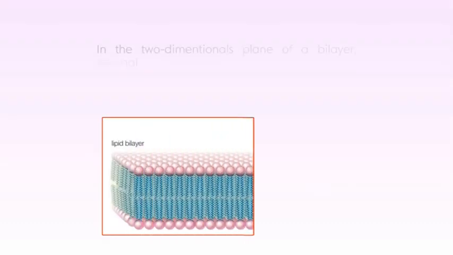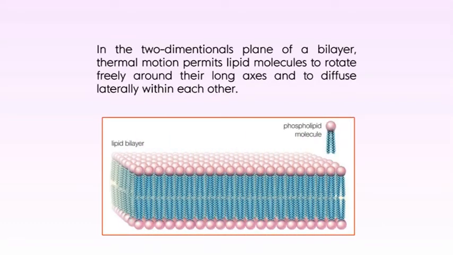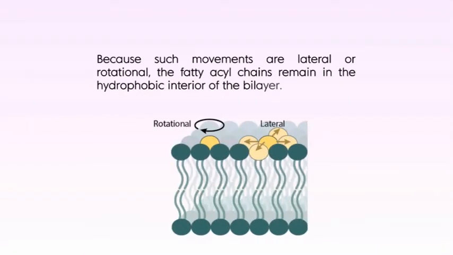Movement of lipids in biomembranes. In the two-dimensional plane of a bilayer, thermal motion permits lipid molecules to rotate freely around their long axis and to diffuse laterally within each other. Because such movements are lateral or rotational, the fatty acyl chains remain in the hydrophobic interior of the bilayer.